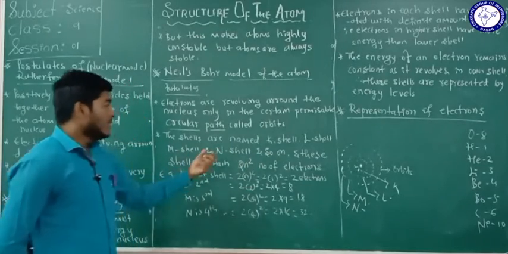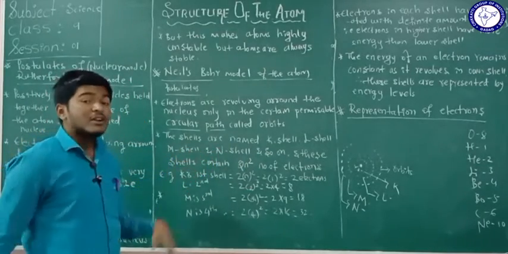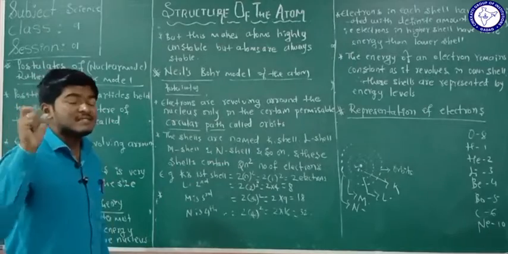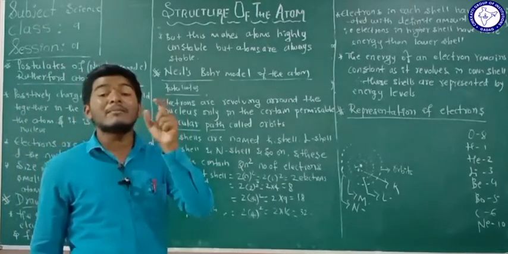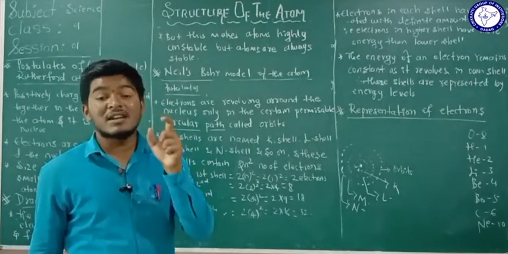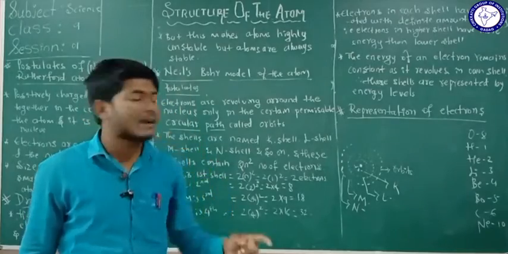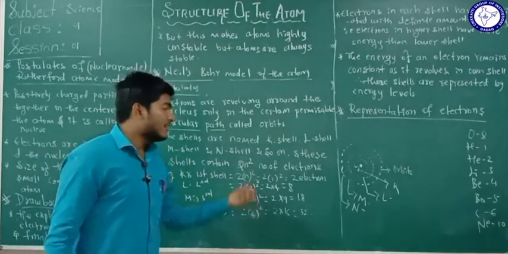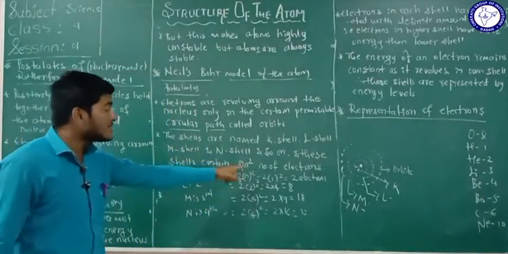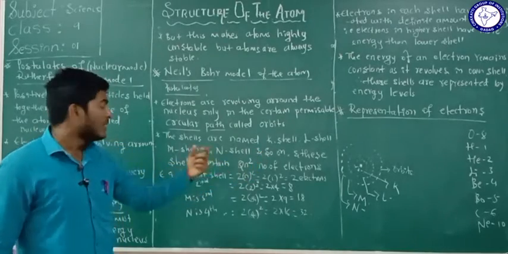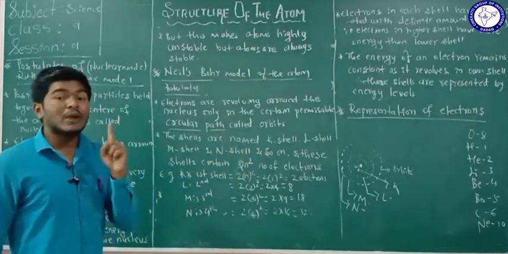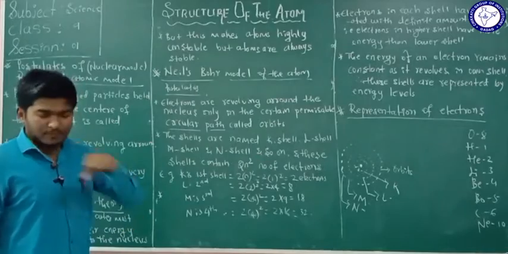He says that these shells contain a definite number of electrons. Each shell contains 2n square electrons.